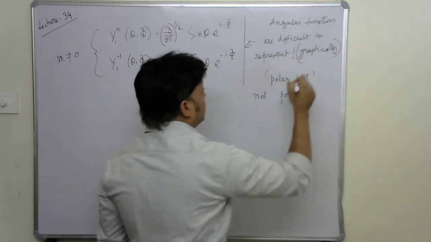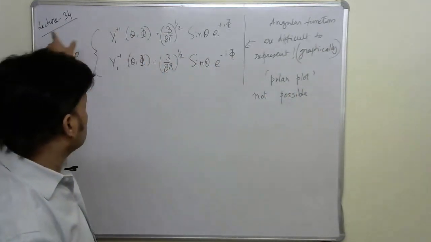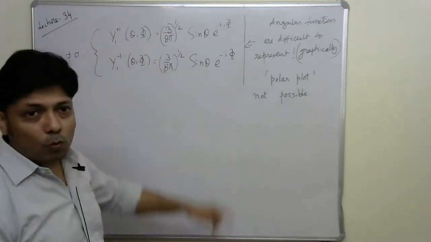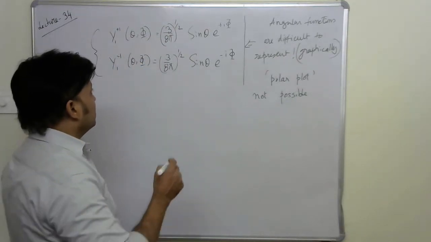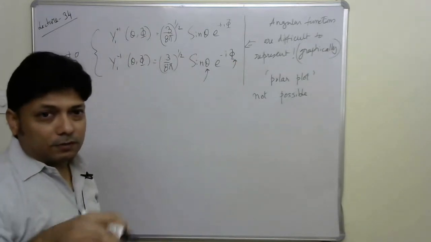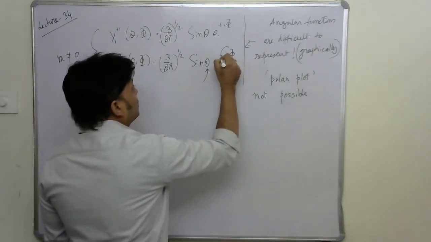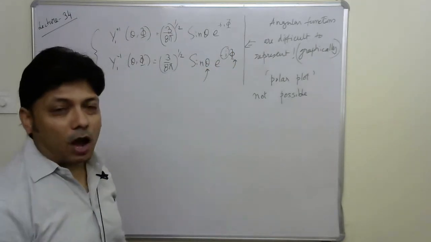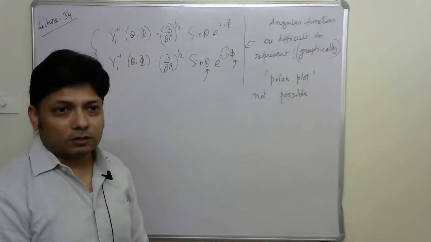That means the polar plot is simply not possible using this information. Why? Because you see that it contains both the angles theta and phi, which makes it very difficult. And not only that, it contains the imaginary quantity i. So how can one possibly draw a real plot?